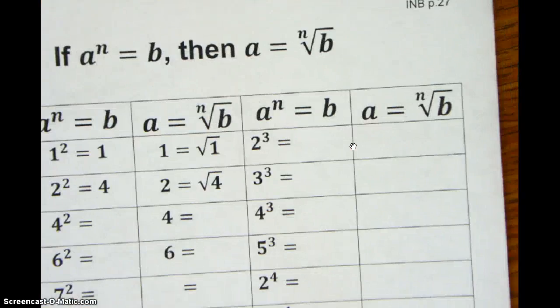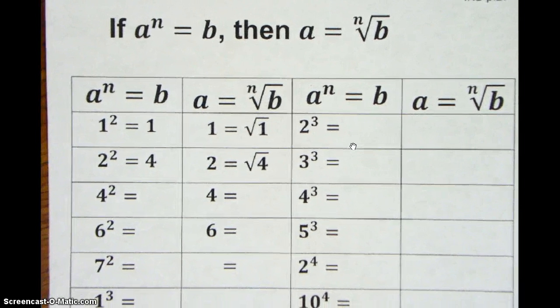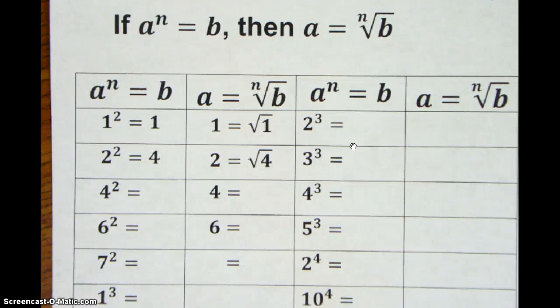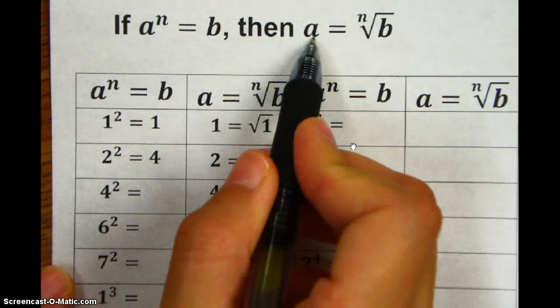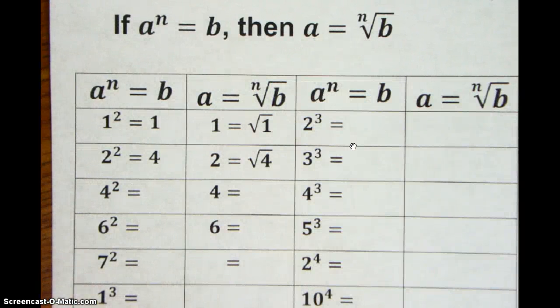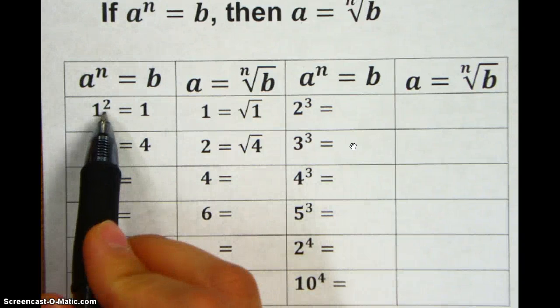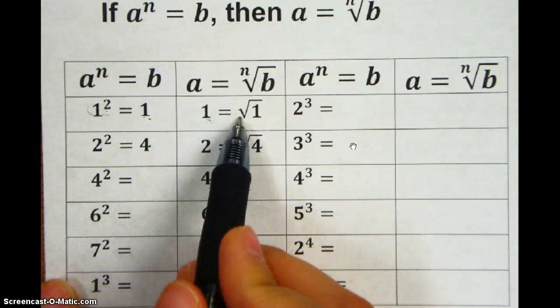Let's move on to the next page, which is just the opposite way of saying what we were just talking about. If a to the nth power is b, then we can also say a is the nth root of b. So for example, if you have 1 squared is 1, then we can say this number 1 is the square root of 1.